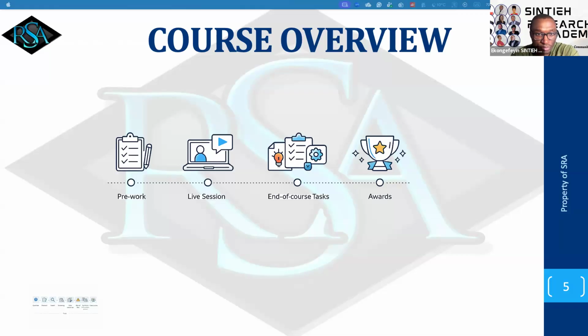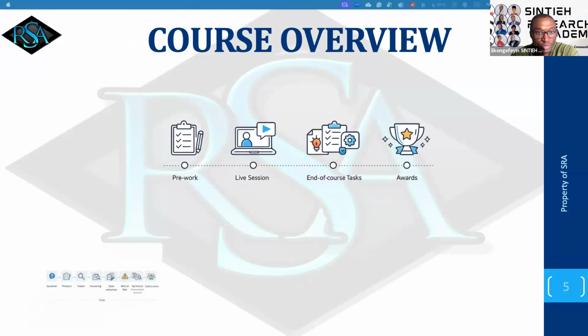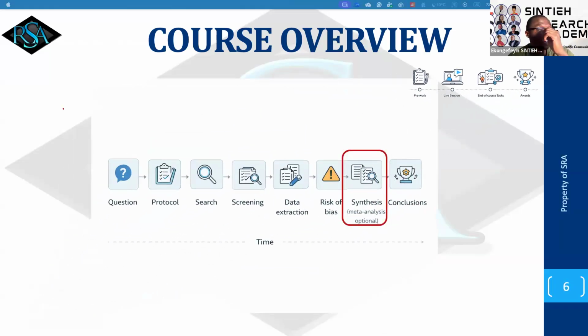So let's make progress. Where are we? We've gone through formulating a question, the structure of a protocol, formulating your search strategy, going through screening. Now we've done extraction and risk of bias, and now we are at synthesis. So you see that we are approaching the end of this mentorship.